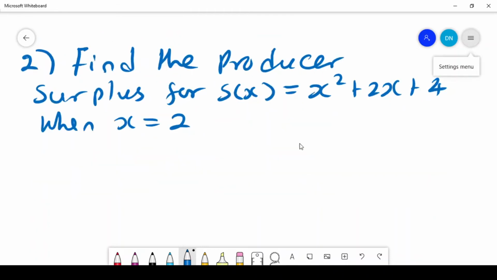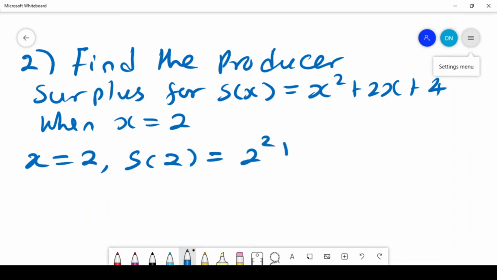Our second question is we want to find the producer surplus for S(x) equal to x squared plus 2x plus 4 when x is equal to 2. And so what do we know? At x equal to 2, S(2) will be equal to 2 squared plus 2 times 2 plus 4, which is equal to 12.